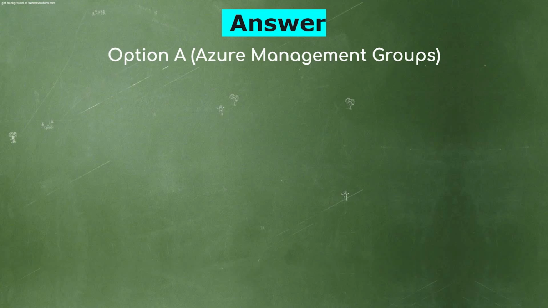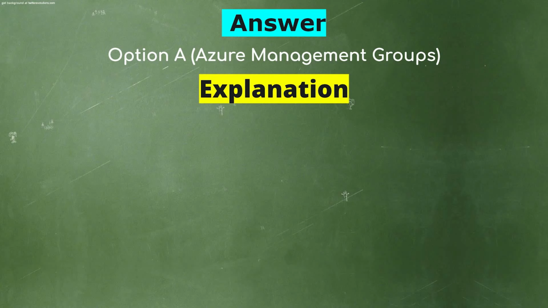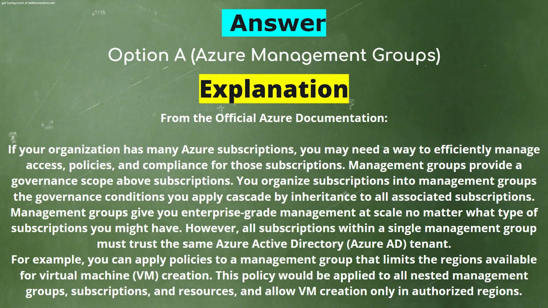Azure Management Groups. Explanation. If your organization has many Azure subscriptions, you may need a way to efficiently manage access, policies, and compliance for those subscriptions. Management groups provide a governance scope above subscriptions. You organize subscriptions into management groups. The governance conditions you apply cascade by inheritance to all associated subscriptions.